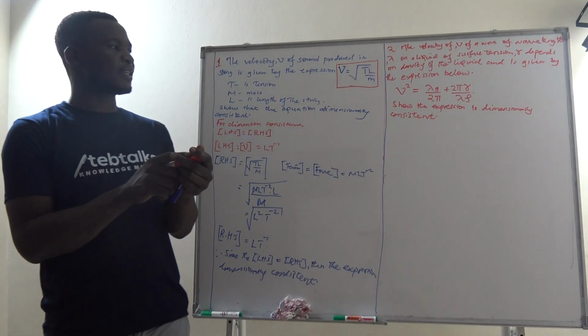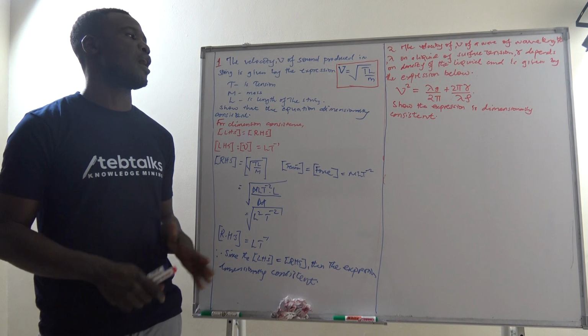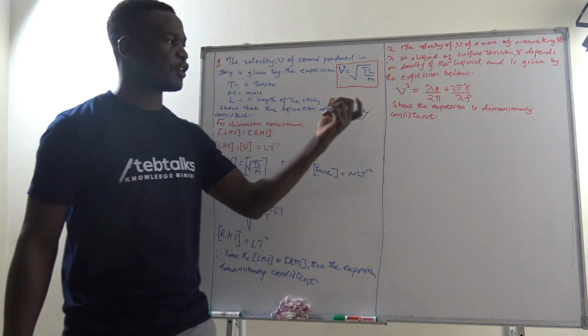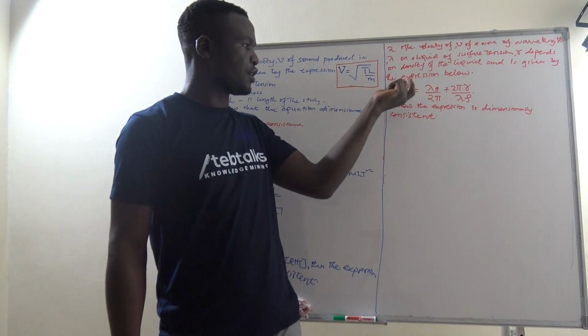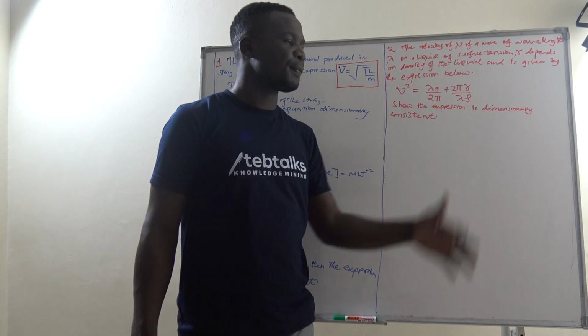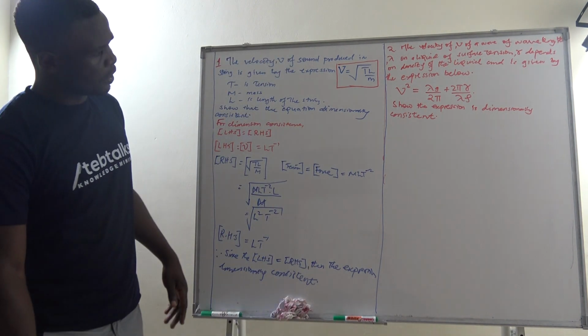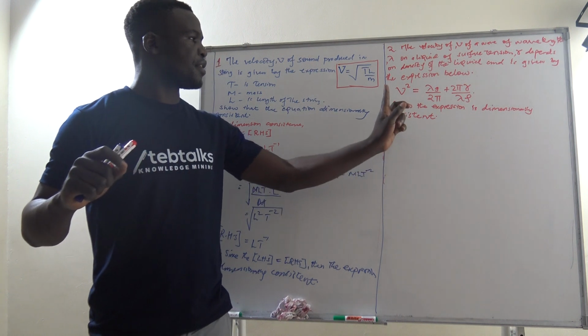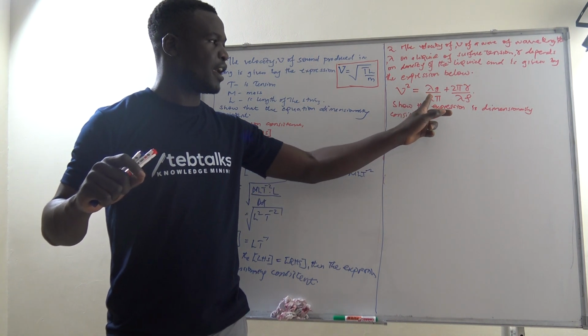Now, you look at such a scenario. We have 3 quantities in this whole expression. We have the quantity v squared, we have this quantity, and that. I told you that from the principle of homogeneity, we only add like to like.